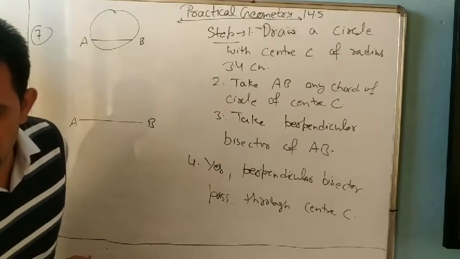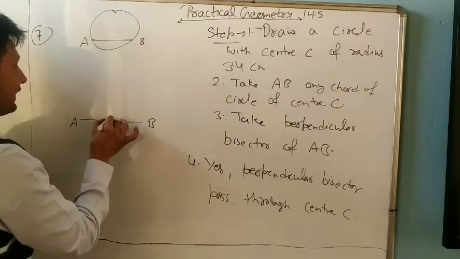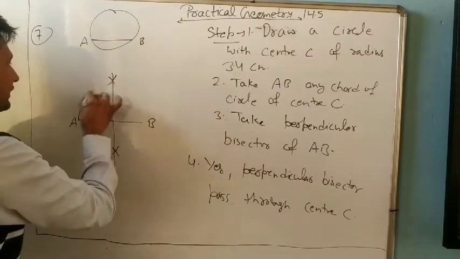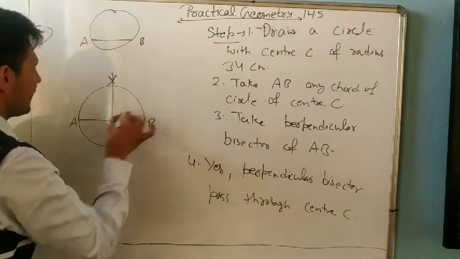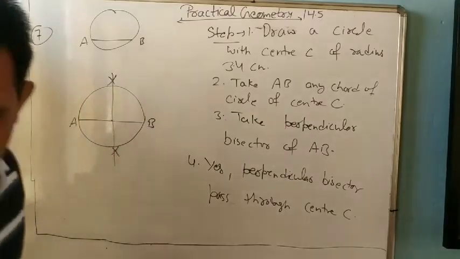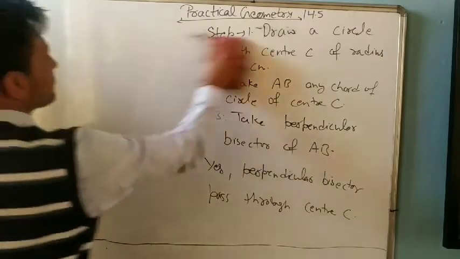In question number 5 we already drew when a diameter is given. First we will find its center like this and draw its circle like this. In question number 5 we already did it, and AB happens to be a diameter. So do question number 7 yourself. Okay, it is very simple.